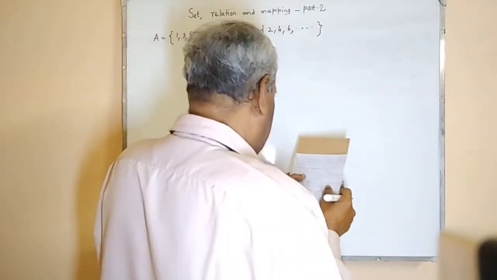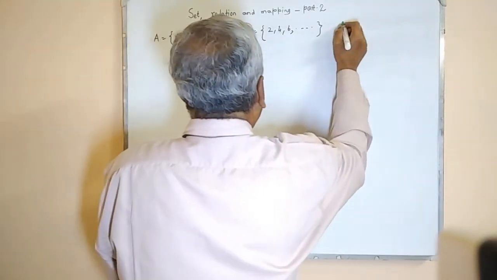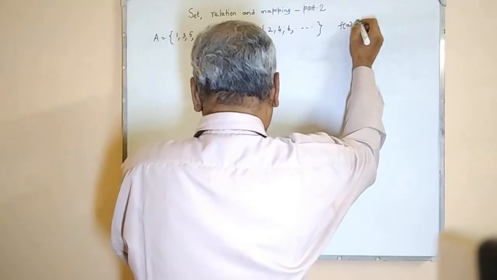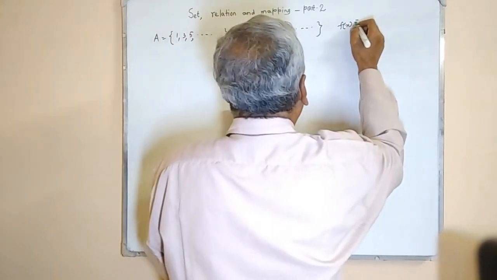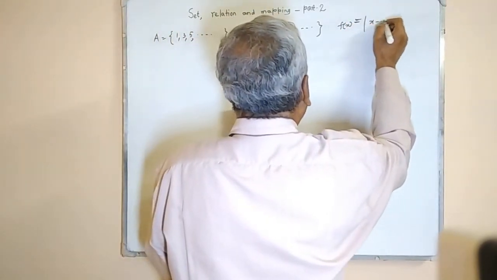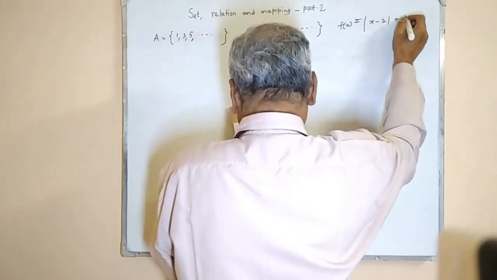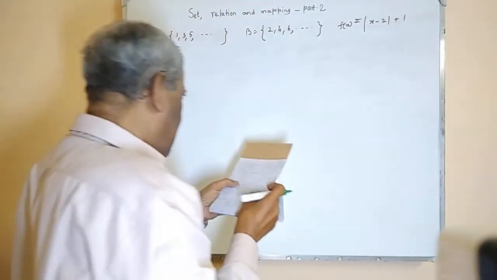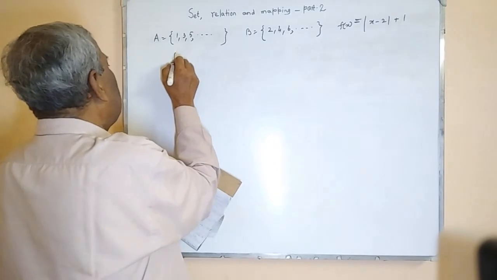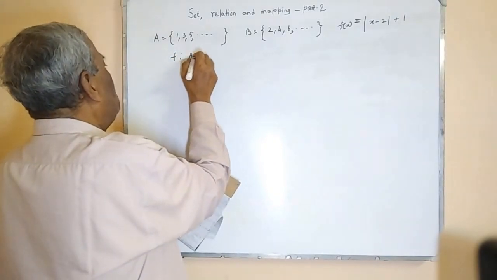And f(x) is equal to mod of x minus 2, plus 1. Then f is a function from A to B.